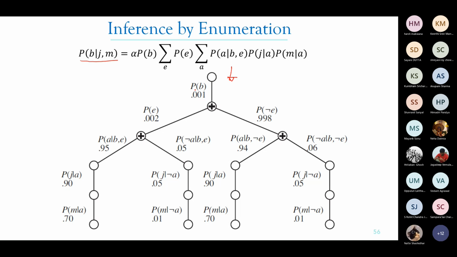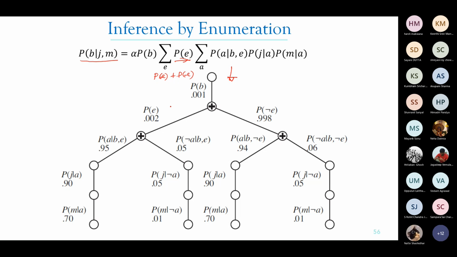So we have this probability of B, right? Then what we do is sum up the probability of E and probability of not E. So in this place we are summing up probability of E plus probability of minus E, right?